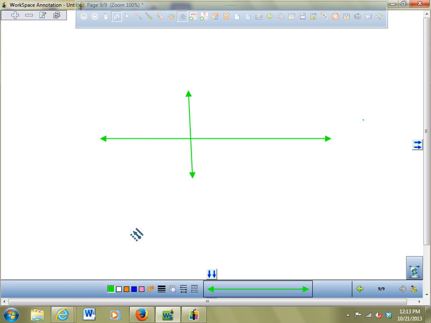And then they have some function that seems to be going up and down like this. Like that, and then like that, and like that. Okay?